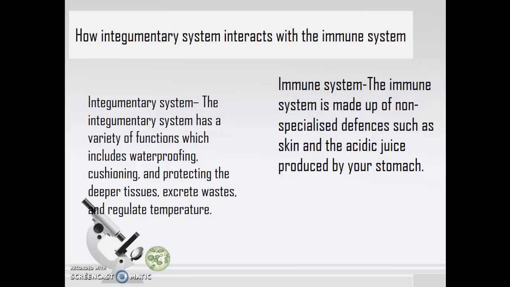It also excretes waste. Here, when it comes to excreting waste, they are trying to tell us that the skin is a secondary excretory organ, and we release extra urea and sodium chloride via sweat.